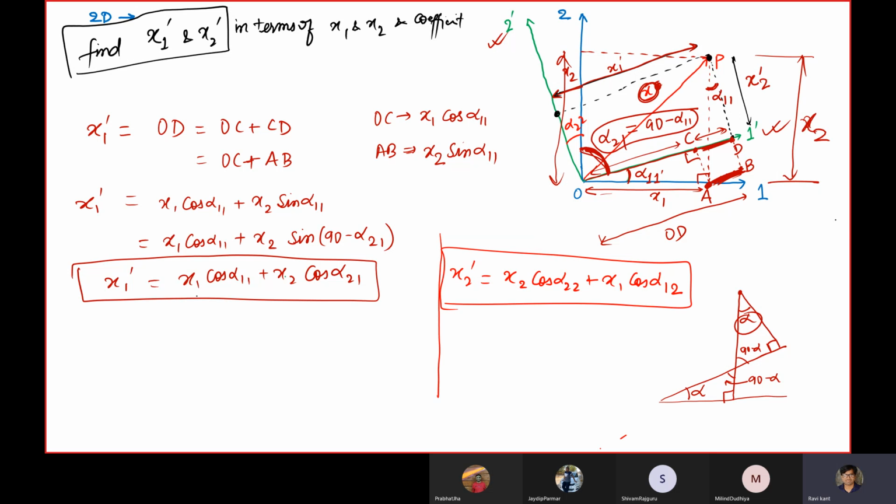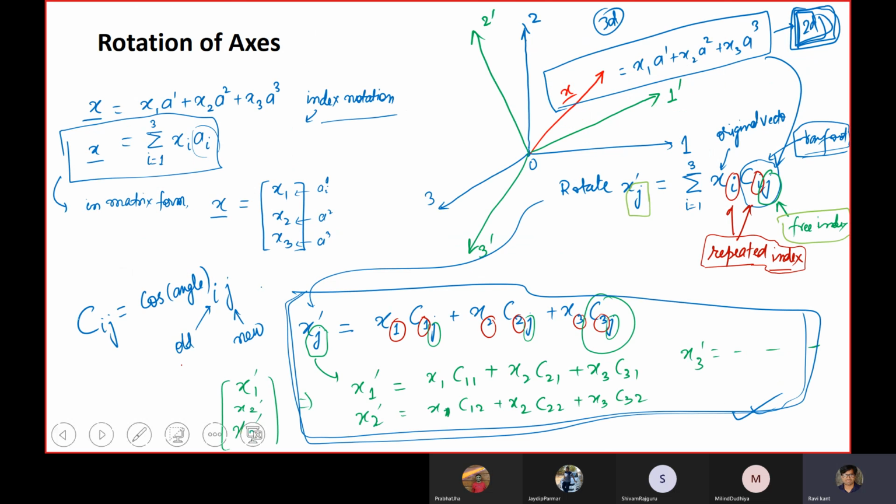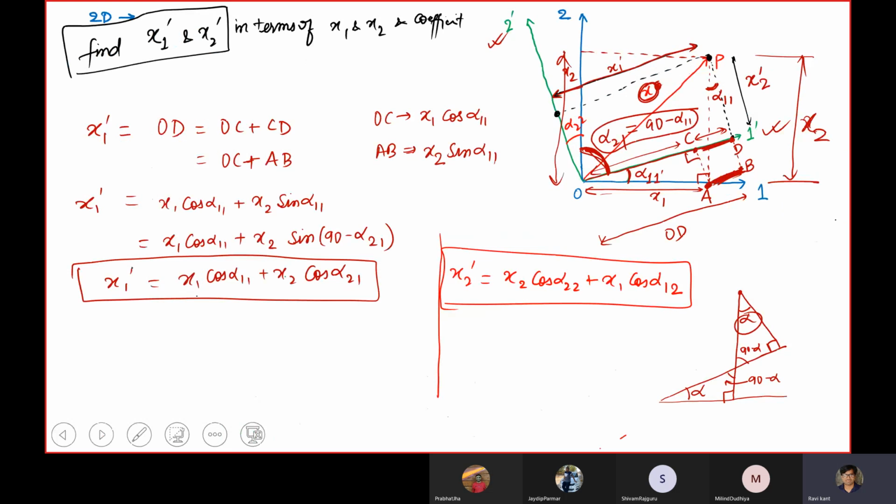Why? Now I can write my new coordinates, the rotated vector, in the rotated frame. Now I am ready to write my rotated vectors in some particular fashion.